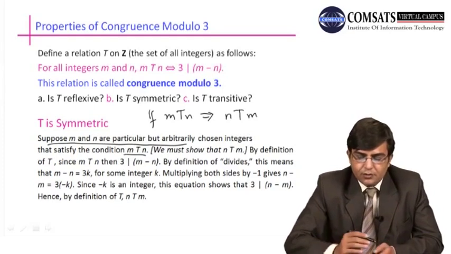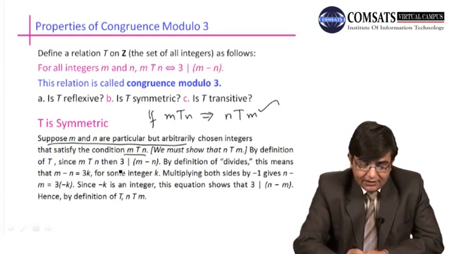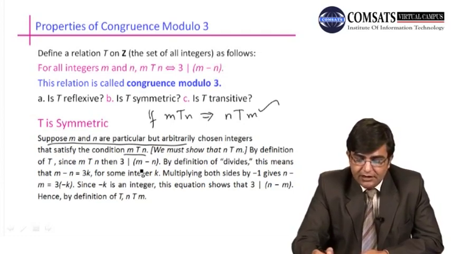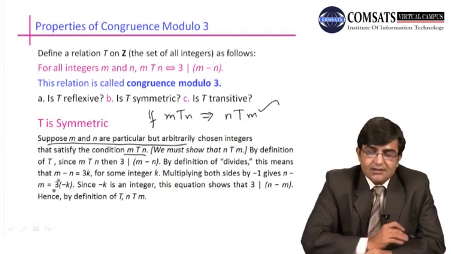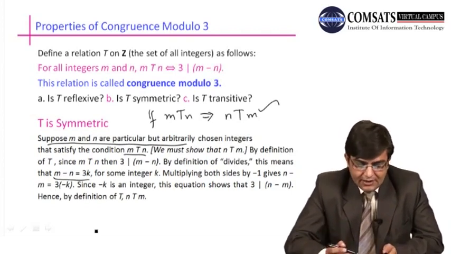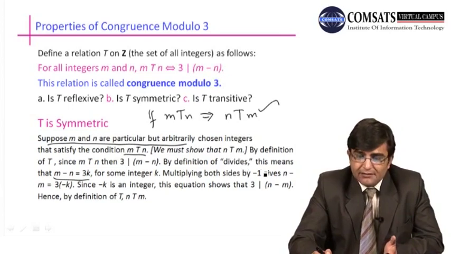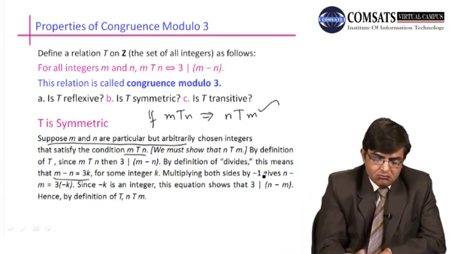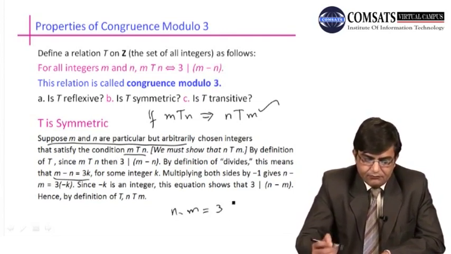If 3 divides m minus n, then by definition of divides, m minus n is equal to 3k for some integer k. If we multiply by minus 1 on both sides, we get n minus m is equal to 3 times minus k.